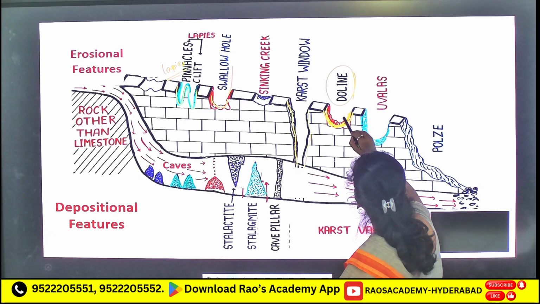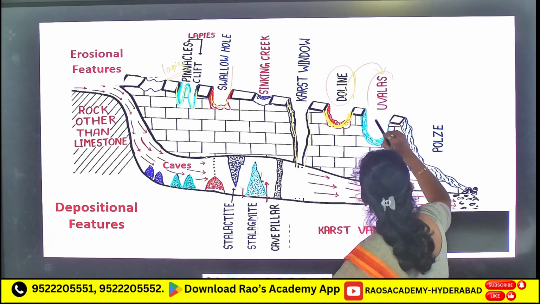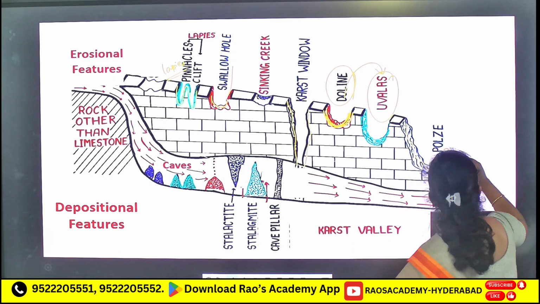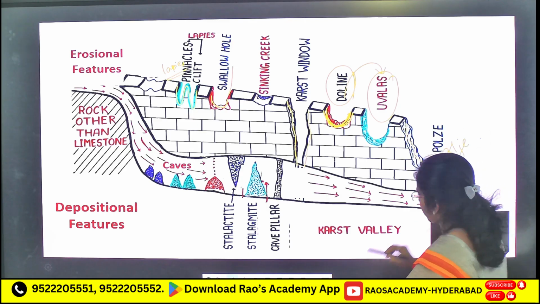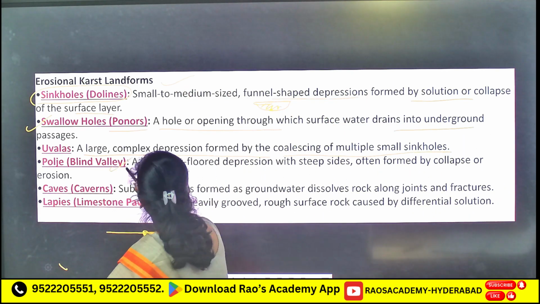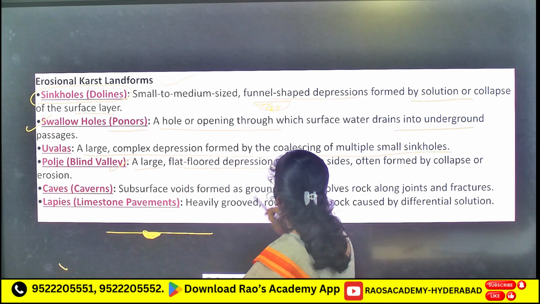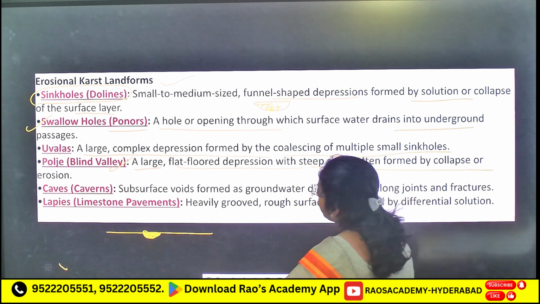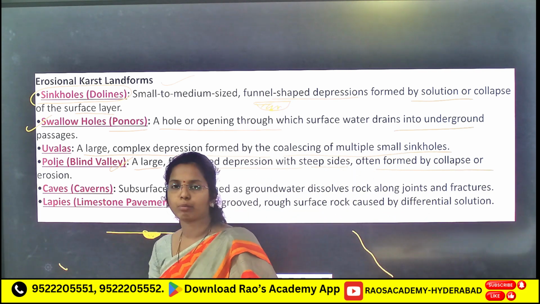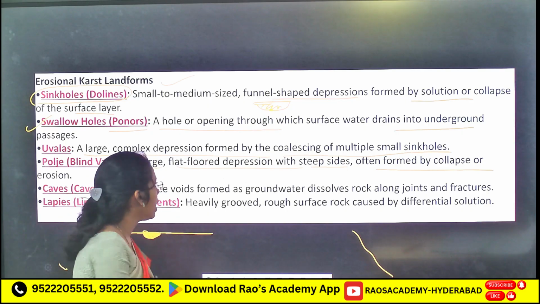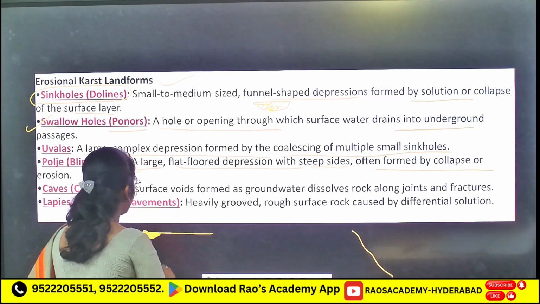After continuous erosion of dolines you will see uvalas. After continuous erosion you will see poljes. Polje or blind valley: a large flat floored depression with steep sides, often formed by collapse or erosion. Collapse of uvalas, or collapse of that depression, gives the formation of polje.